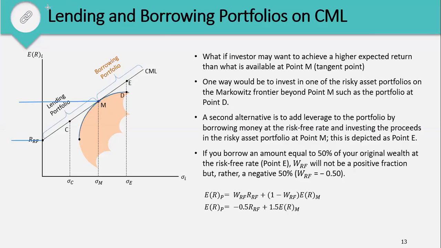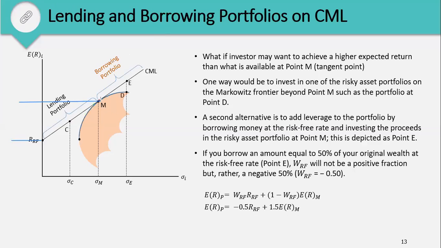Today we are going to discuss the lending and borrowing portfolio, and how you divide it based on the capital market line represented in this particular chart. Again, let me explain this.